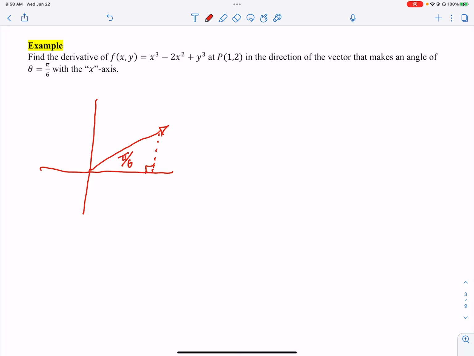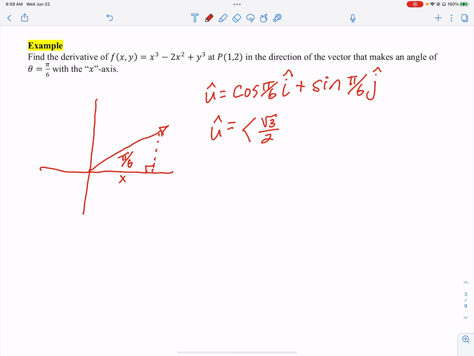So this unit vector is just cosine of that angle, pi over 6, times i, it is a vector, plus sine of pi over 6, that is my y value, times j. All right, so let's get our u here. Our u then is the vector: we get radical 3 over 2 for cosine of pi over 6, comma, and then sine of pi over 6 is 1/2. So there's my unit vector.